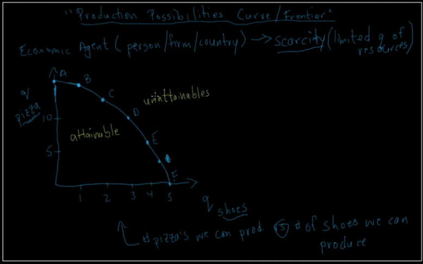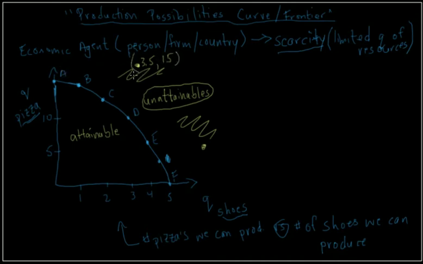So what do I mean by this? Well, I mean that out here we do not have sufficient resources to produce at any points in this area. Because this would give us a quantity of, let's say, 3.5 shoes, and just taking a guess here, about 15 pizzas.